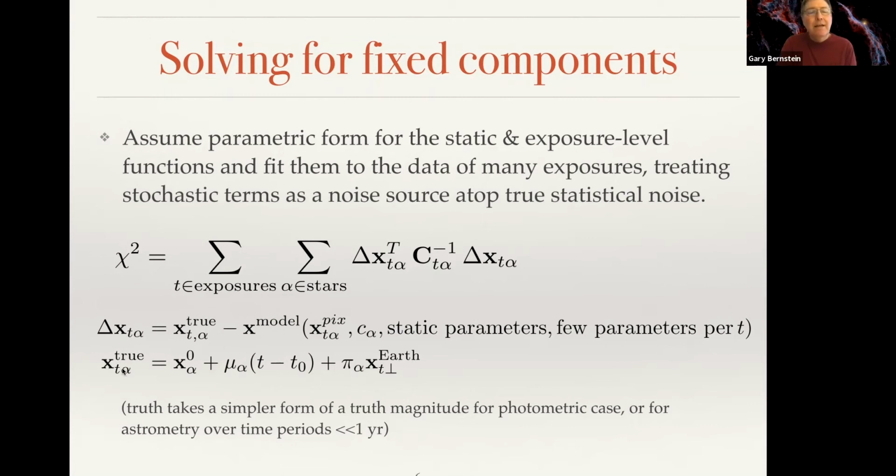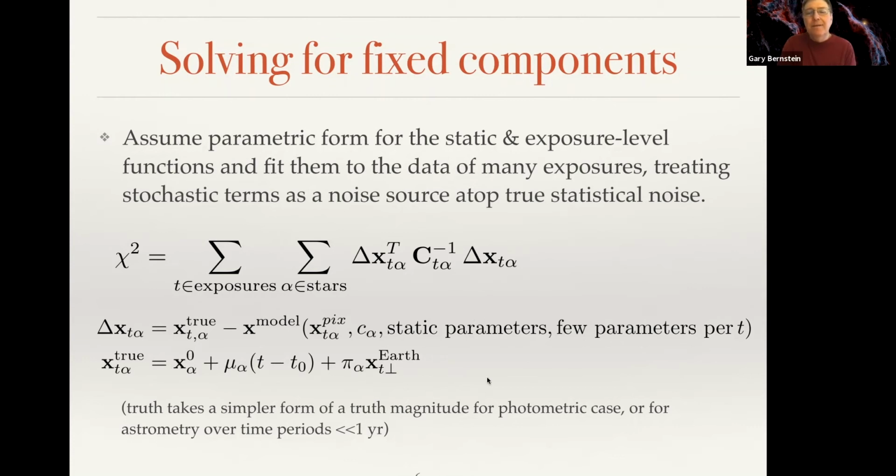And I'll just say here in the last line that in the astrometric case, the truth, for a given exposure of a given star, if we're doing stars and we're doing observations that are spread by more than a few weeks, we have to not only have a free position for each star, but we're going to need a proper motion and a parallax for that star. So this is what I'll refer to as 5D solutions.